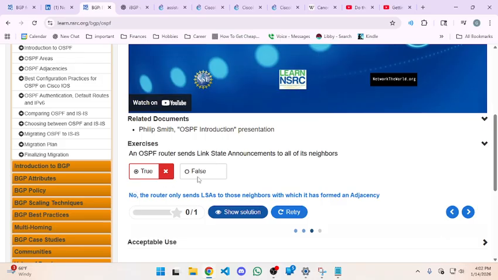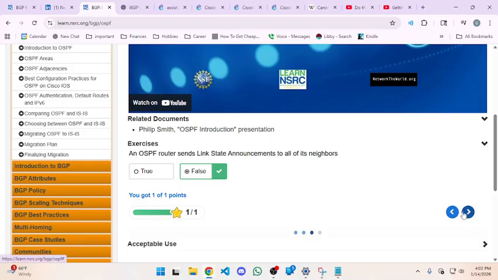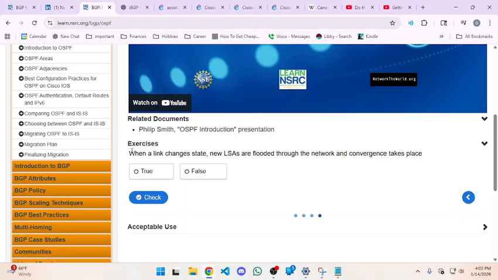No. The router only sends LSAs to those neighbors with which it has formed an adjacency. Well, that's kind of pedantic, but it's the better answer. When a link changes state, new LSAs are flooded through the network and convergence takes place. True.